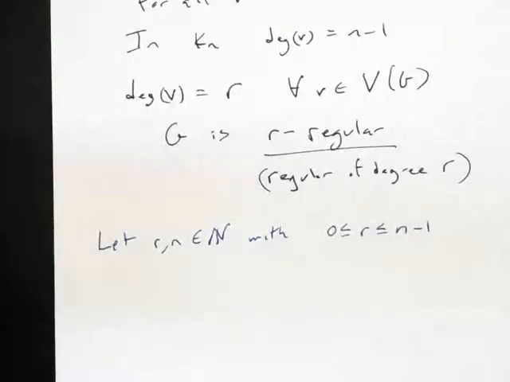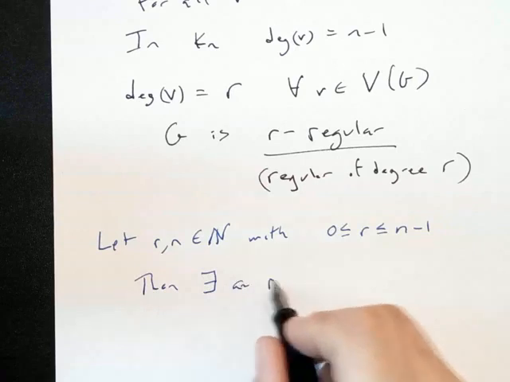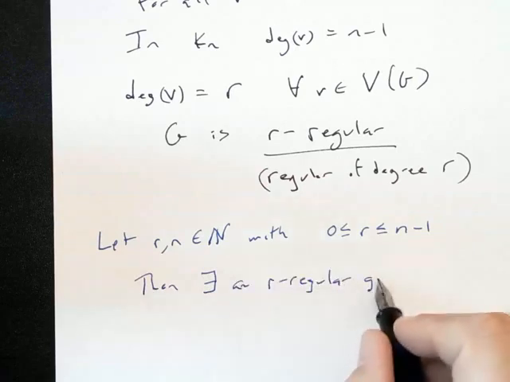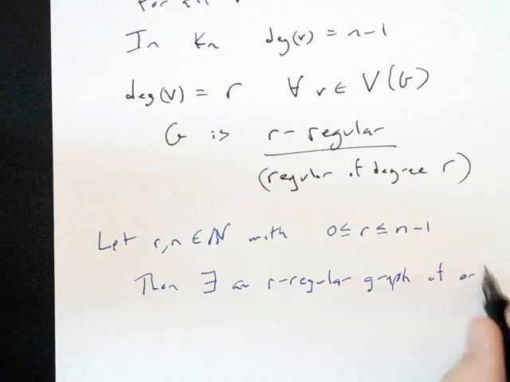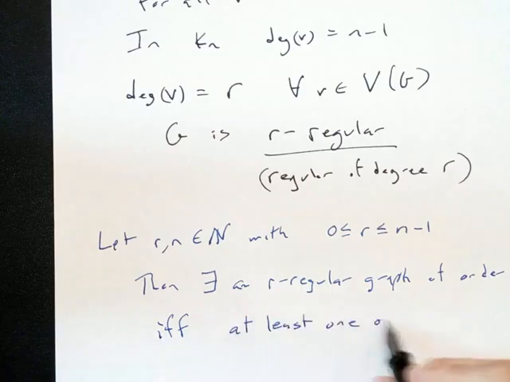So if I have two numbers, r and n, with r smaller than or equal to n minus 1 and bigger than or equal to 0, there exists an r regular graph of order n if at least one of r and n is even.